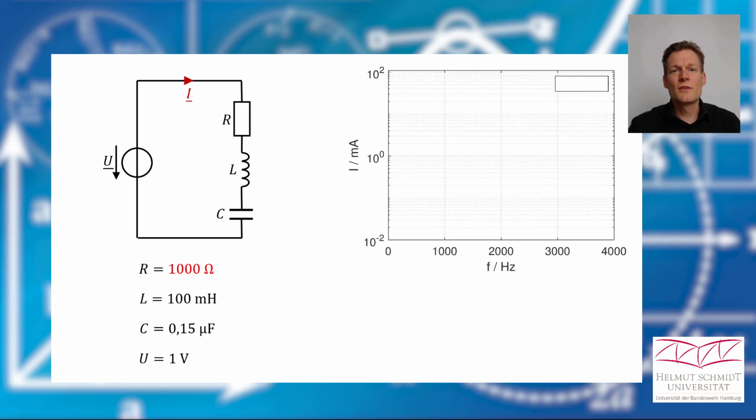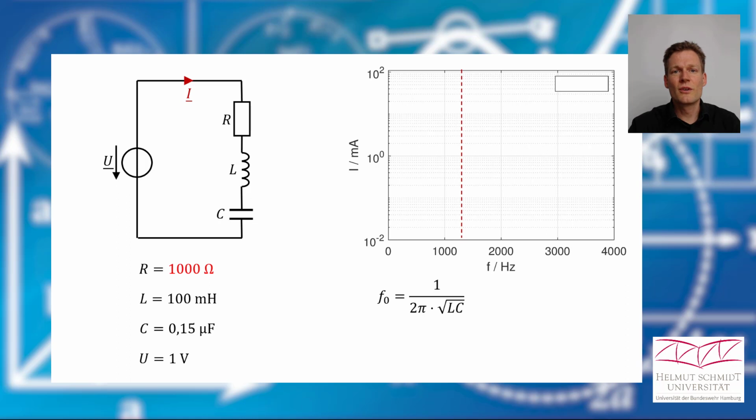I want to show you the same thing again, but this time have a look, the y-axis of the diagram where I plot the current has a logarithmic scale now. And you remember we can calculate our resonance frequency like this, and with the given values of L and C we will have again our resonant frequency here.